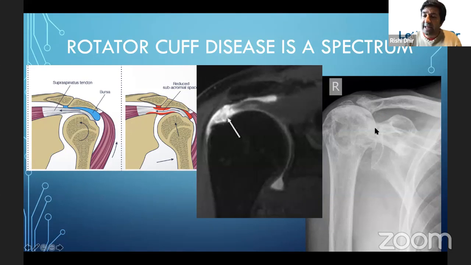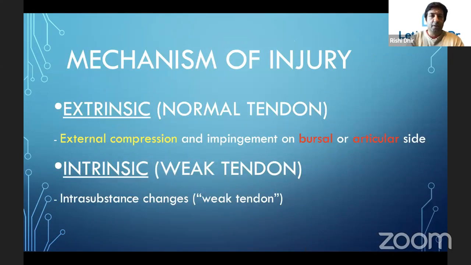You've got femoralization of the humeral head and acetabularization of the acromion with subsequent arthritis. This is very bad, and it's a situation which is difficult to salvage. But all of these are different points on a spectrum. They're not separate diseases. So what's the mechanism by which the tendon itself gets injured?